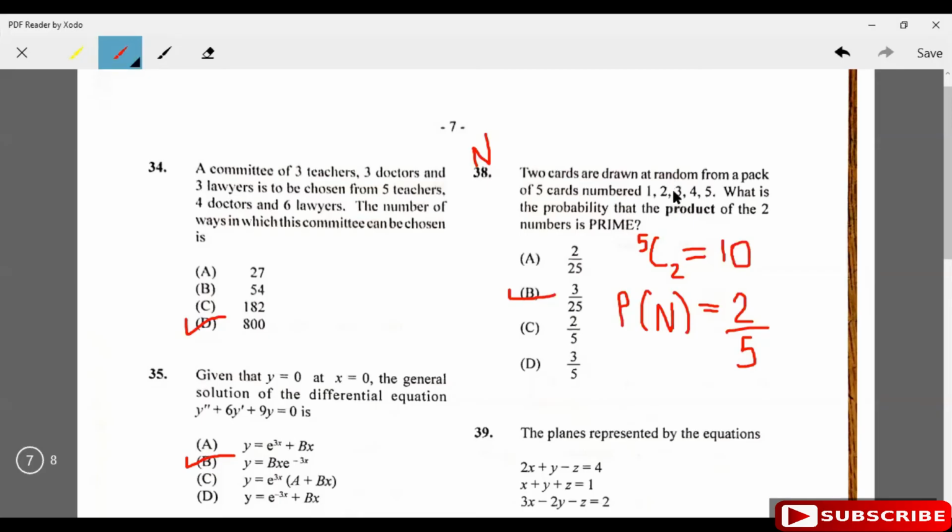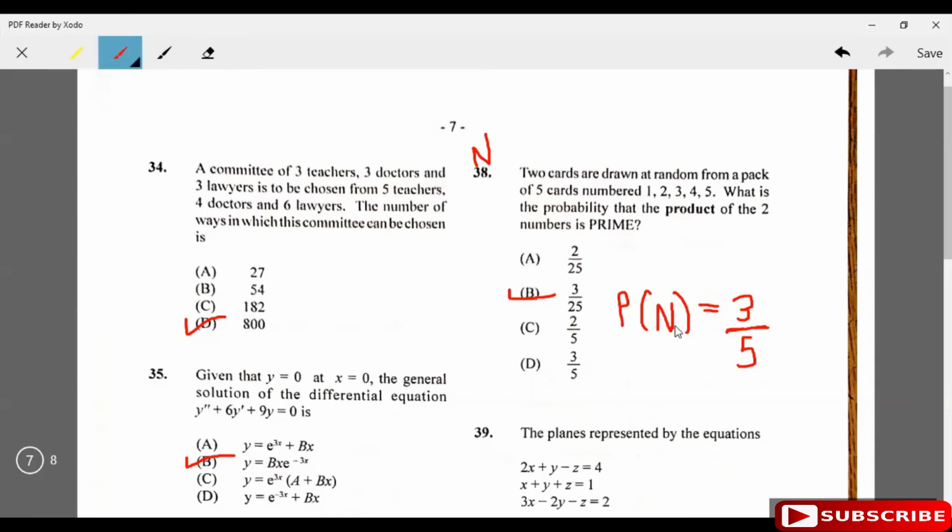Wait, they're not 1, 2, 3. They're 3 prime numbers. Sorry, not 2, 3. There are 3 prime numbers right here. That's a probability of a prime number, 3 over 5.